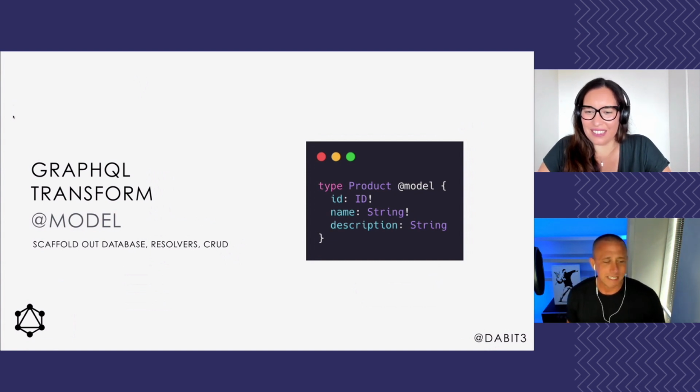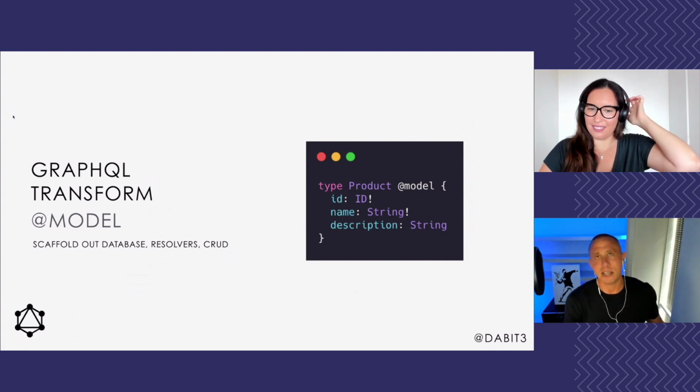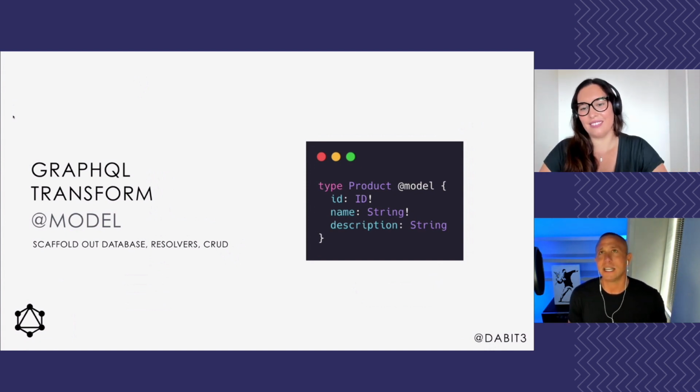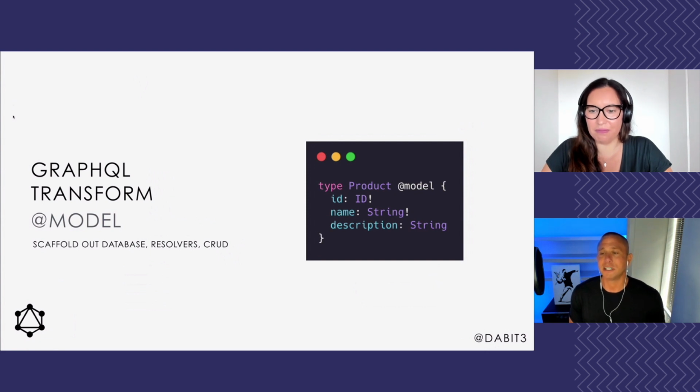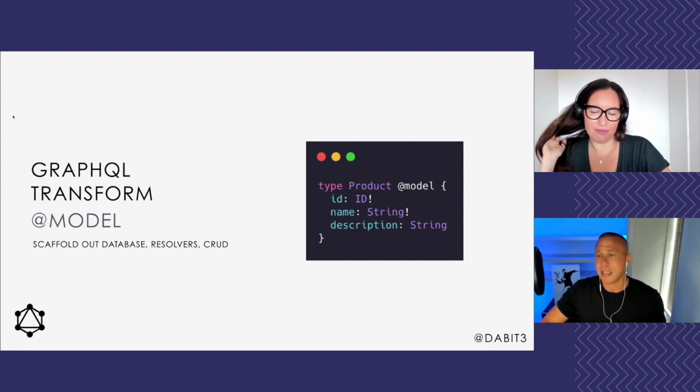So let's take a To Do app, where you want a way to create, read, update, delete, and maybe list to-dos. Well, you could take this @model and add it to a to-do type, or in this example, a product type. And what we're going to scaffold out is create, read, update, delete, and list product operations for this type. We're also going to create a product table. And then we're going to create all of the resolvers that map between the database and all of those operations.